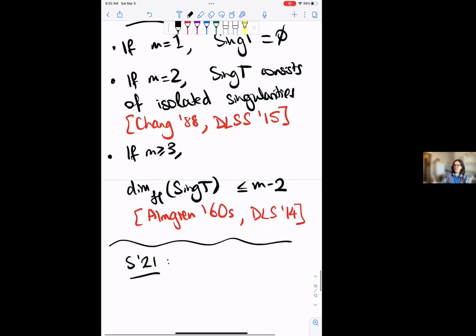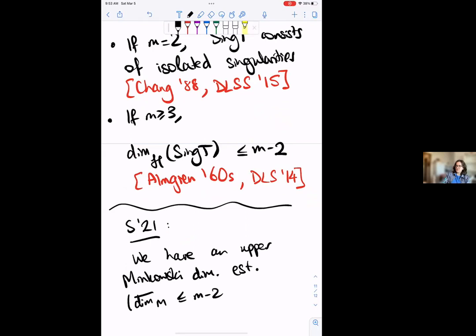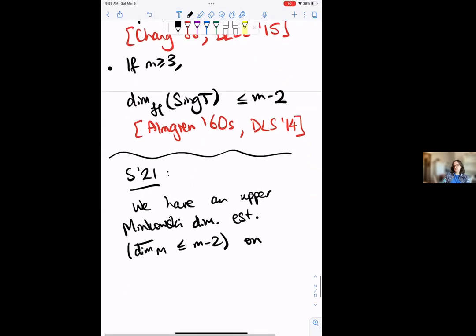So we in fact have an upper Minkowski dimension estimate, also m-2, on, okay, this is a little bit delicate, the set of points of density between some given arbitrary integer q and q plus epsilon, for all q.